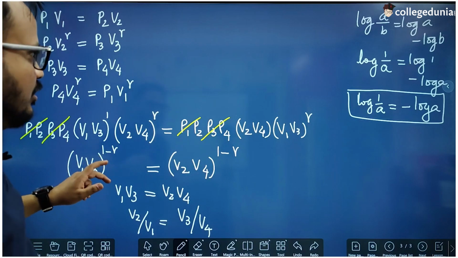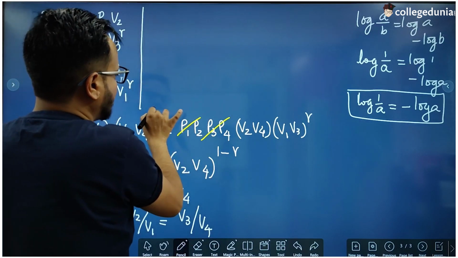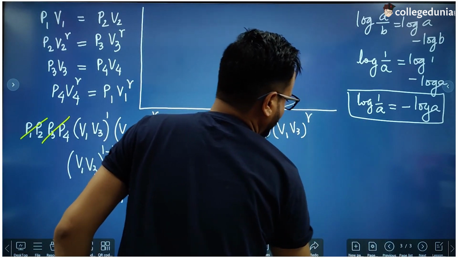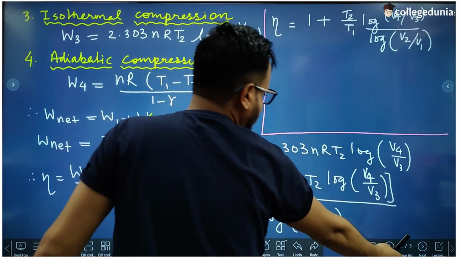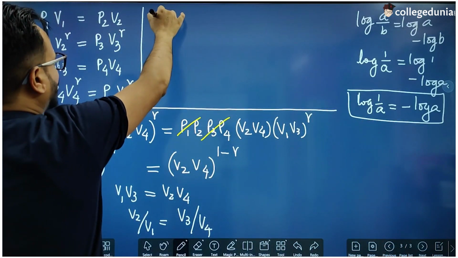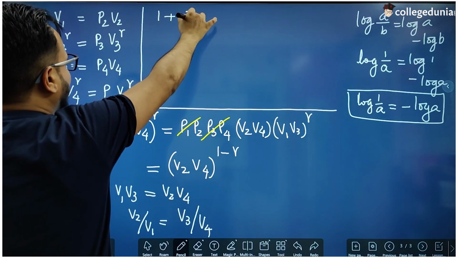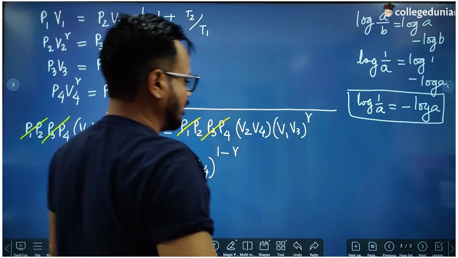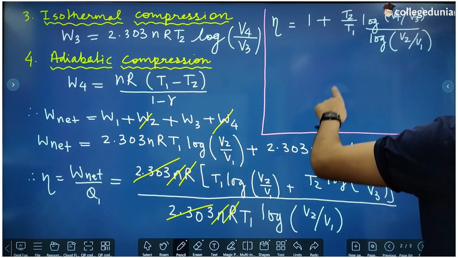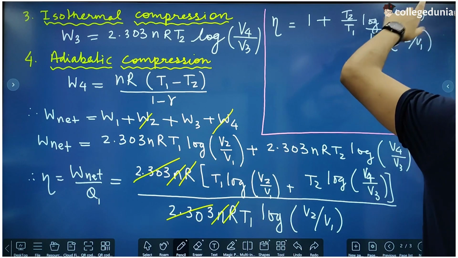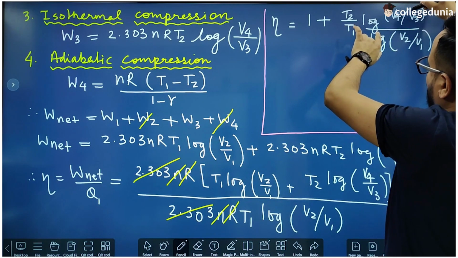Okay, so what was the formula of efficiency that is written on the previous slide? This 1 plus T2 by T1 log V4 by V3.